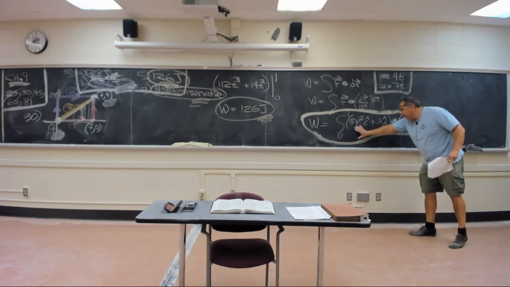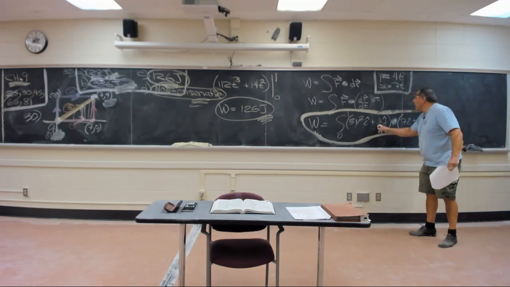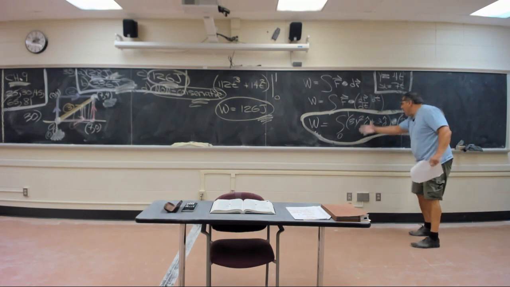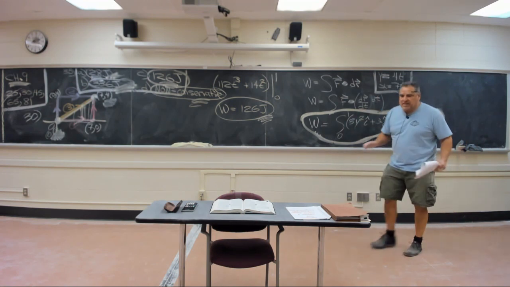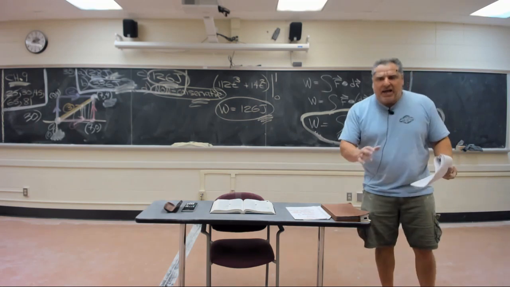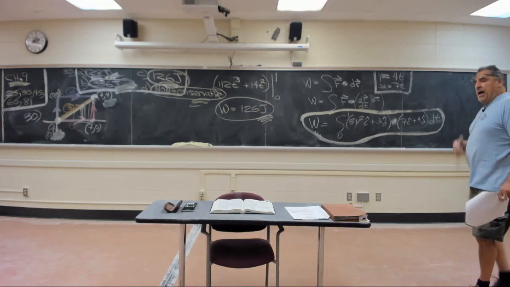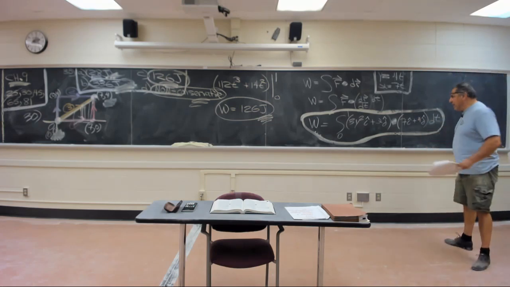I could have gone right here, right off the bat: x equals 7t, y equals 4t, the quantity 4t squared, and then go by t. I didn't do that. I put x's and y's, and at the end I plugged in x equals 7t and y equals 4t. It doesn't really matter.